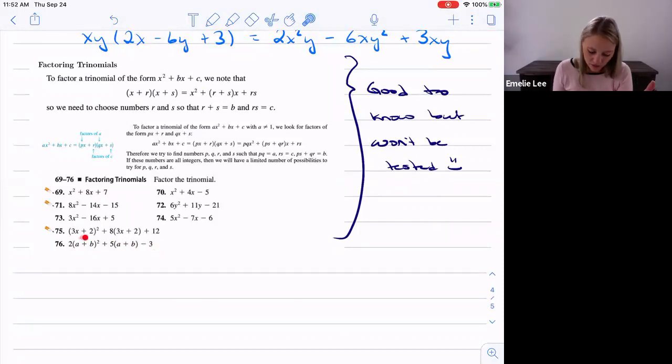Same thing here. If you treat 3x plus 2 as one thing, then all of a sudden you've got x squared plus 8x plus 12, which again is a lot easier to deal with. We'll see that later on, and we'll have tricks for factoring quadratics, but not until next week.